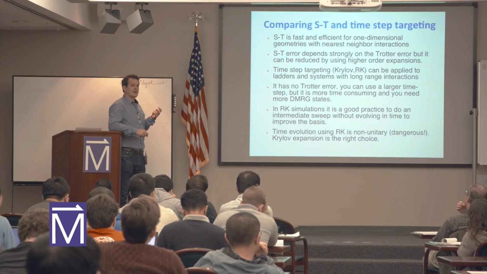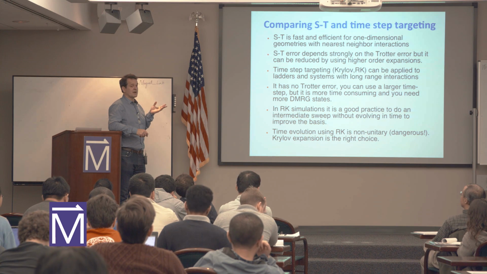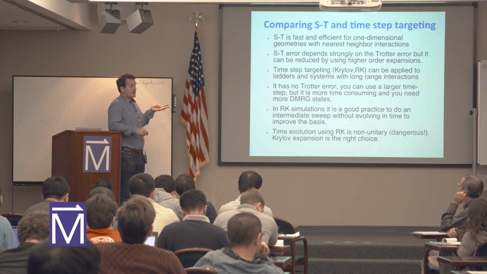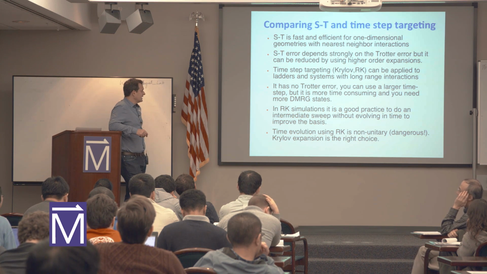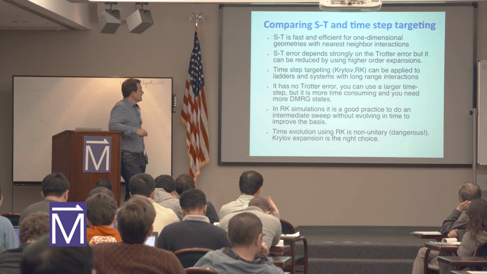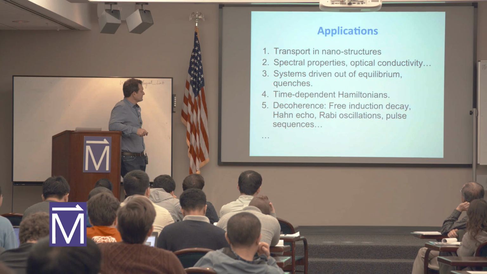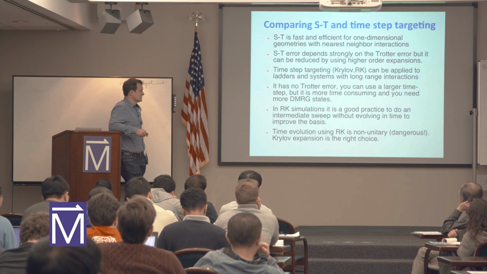So you have to keep track of your energy to make sure that your energy is being conserved, right? And you do that by just keeping more and more states. Another thing that you can do is using Krylov, which is unitary.